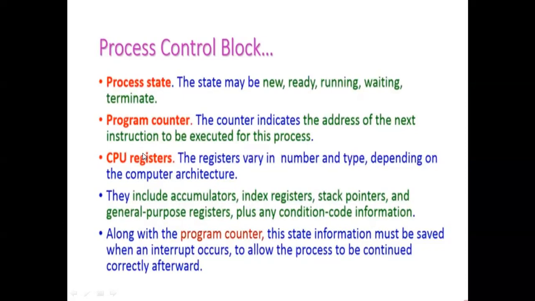The CPU registers include accumulators, index registers, stack pointers, general purpose registers, plus any condition code information. Along with the program counter, the state information must be saved when an interrupt occurs. So whenever an interrupt occurs, all this information will be saved in the process control block.